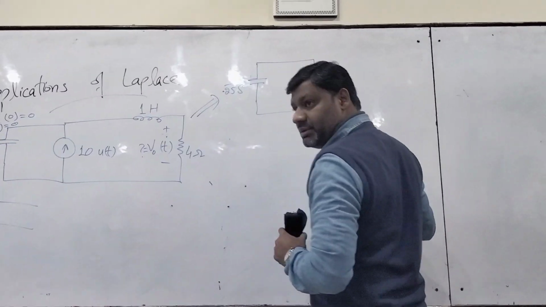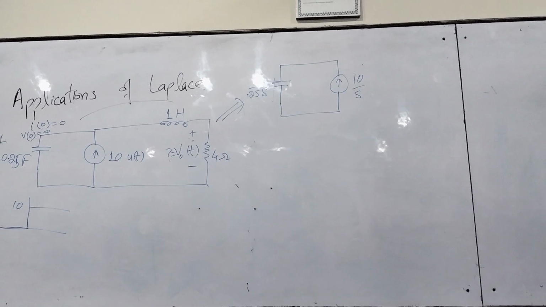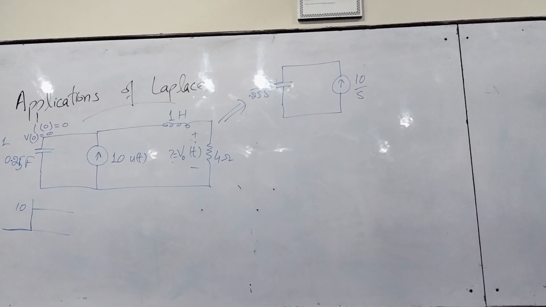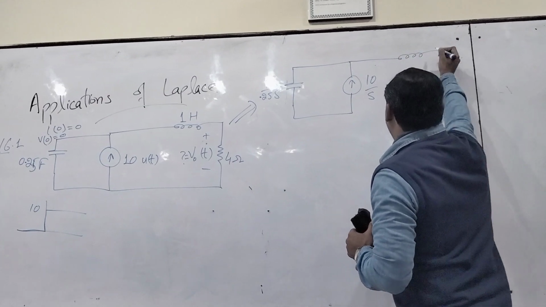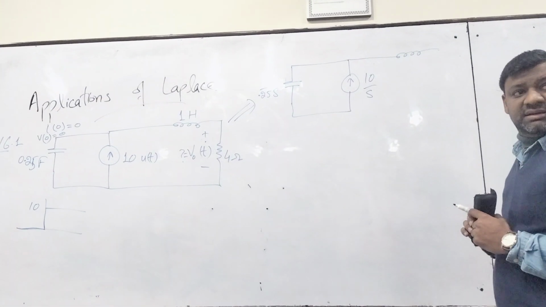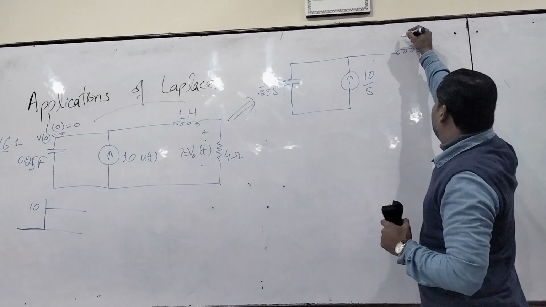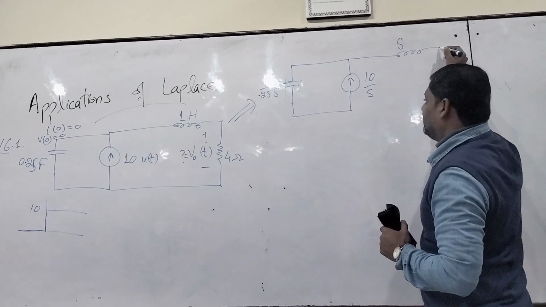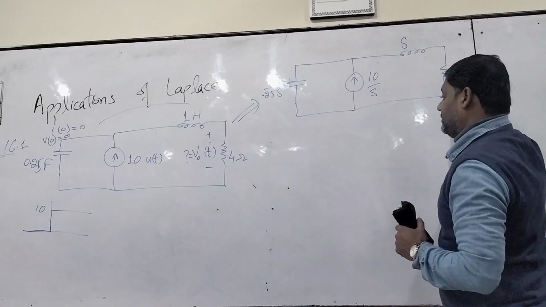Very good. The Laplace of the unit step function u of t is 1 over s. Good. Amran, the inductor is sL, and the value of L is 1, so it's s. The resistor is 4 ohms.